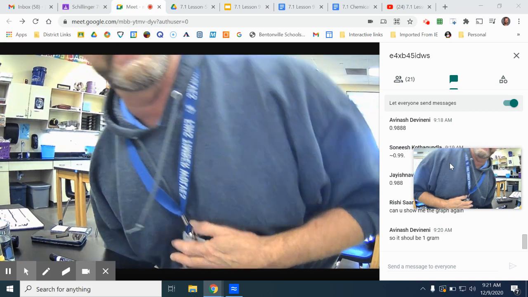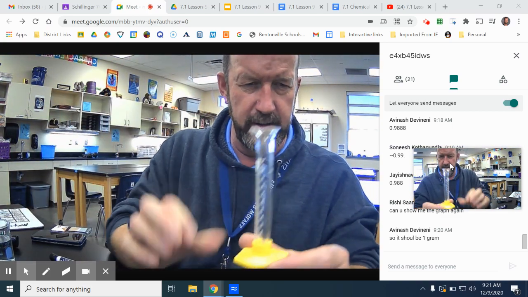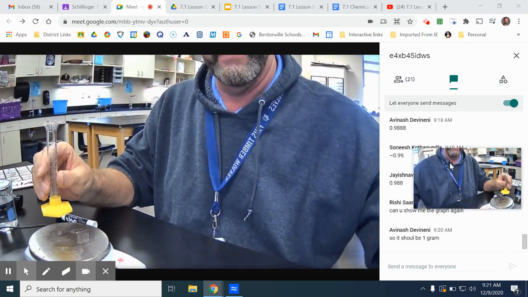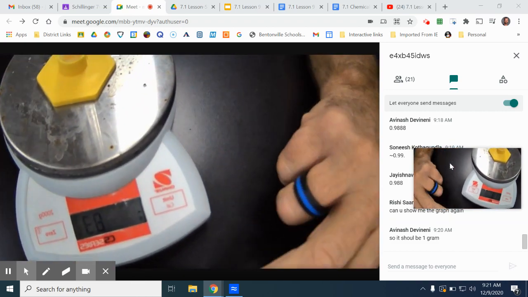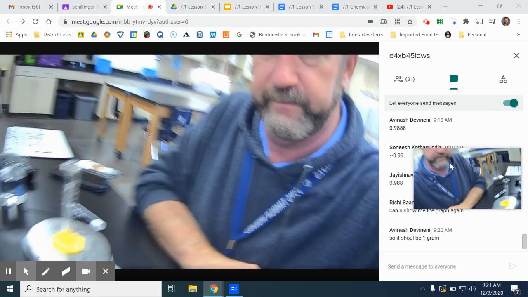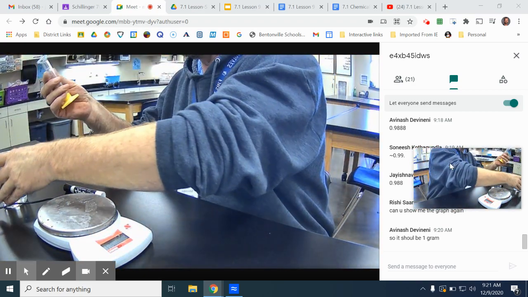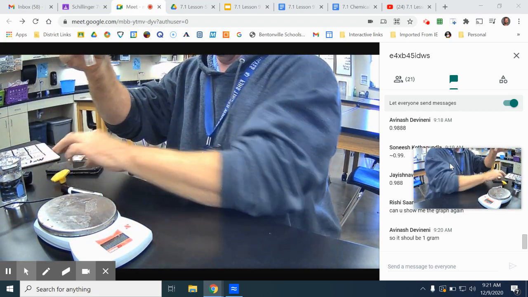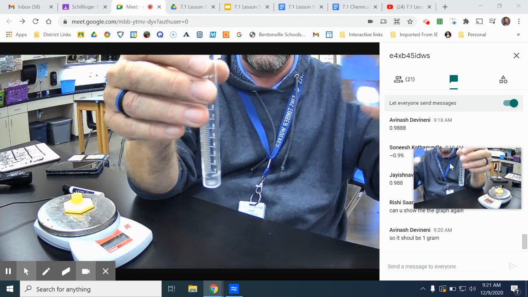I said not with this scale. I meant not with this graduated cylinder. So I've gone and grabbed a smaller graduated cylinder. I'm going to put the graduated cylinder on here, zero it out. Let me try and get 1.